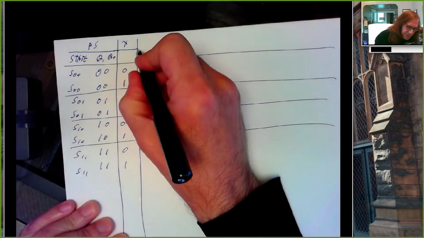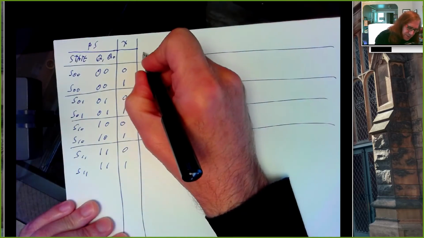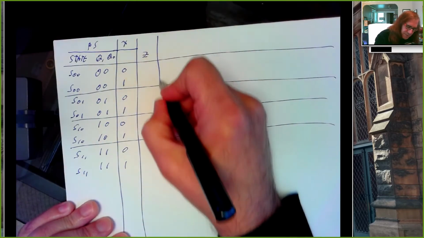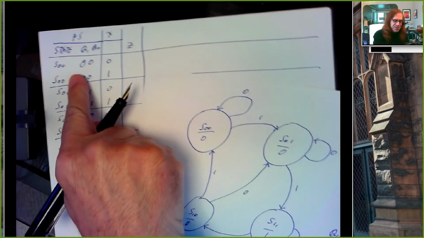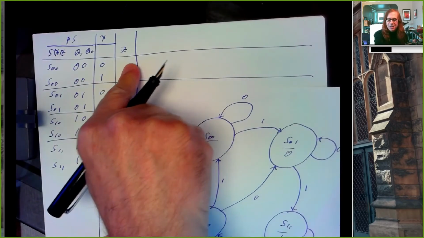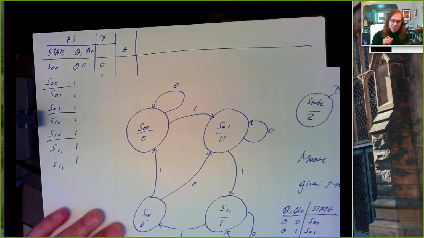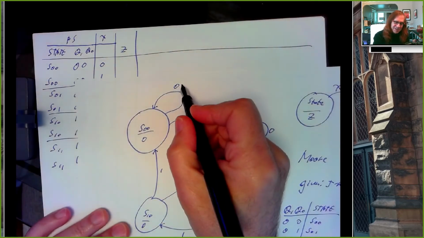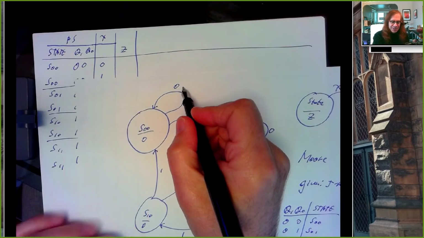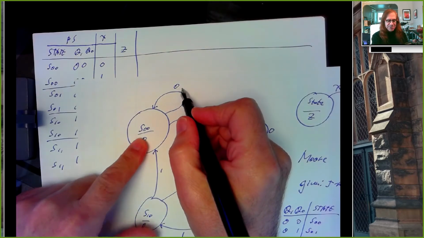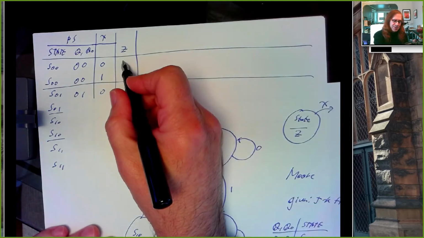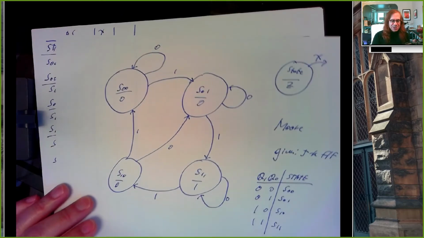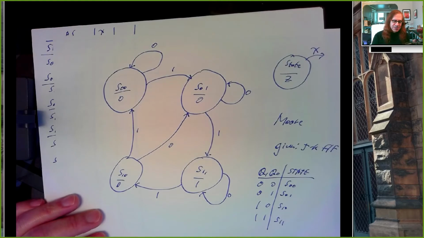All right, this is a good place to go ahead and put in the output. And whether this is a Mealy or a Moore machine, if you know the present state and the input, we should be able to write down the output. Now, if it was a Mealy machine, for example, right here, if I had a 1, that means if you're in state 0, 0 and your input is a 0, your output should be a 1. And I would put a 1 right here. But for a Moore machine, it doesn't matter what the input is.